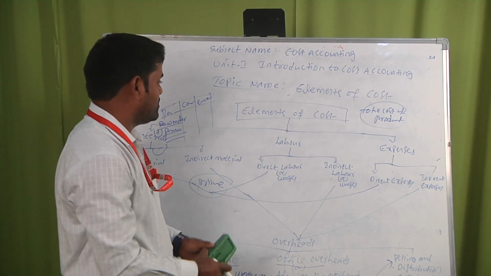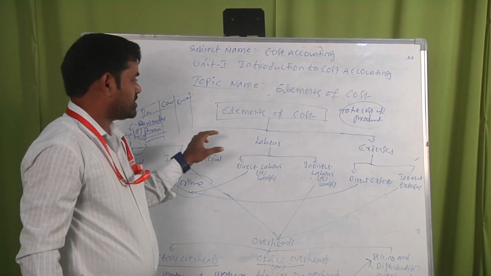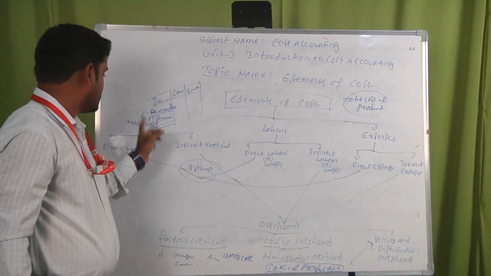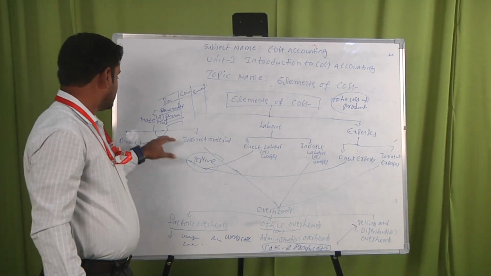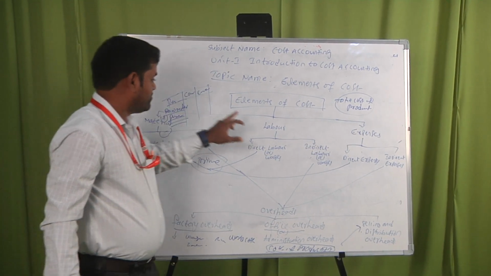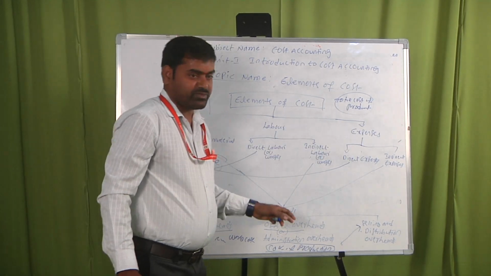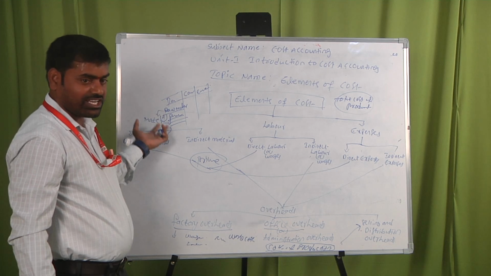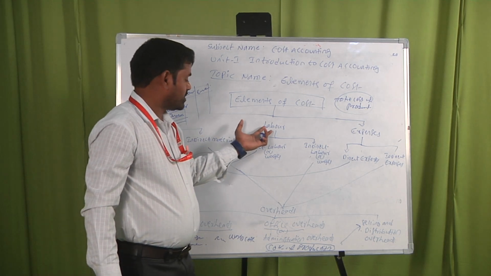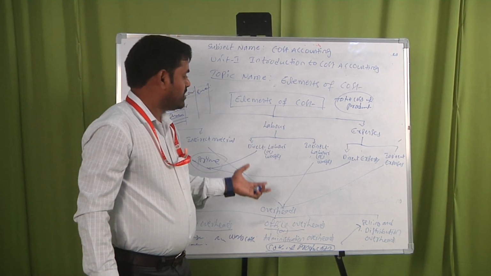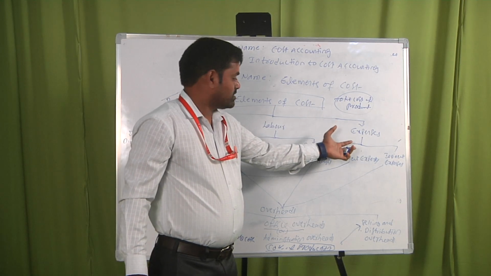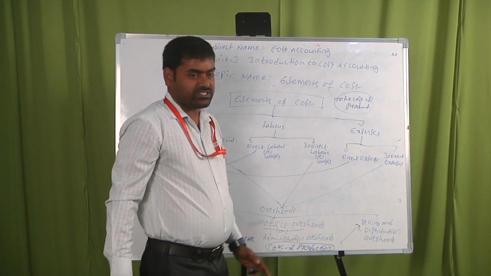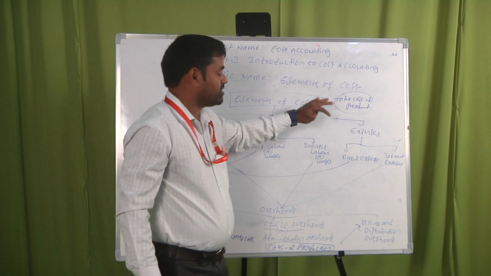These are the elements of cost, of which there are mostly three: material, labor, and expenses. Mostly half of the amount we spend on material only, then 30 to 40% on labor, and the remaining 20% on expenses. Finally we get the total cost of the product.